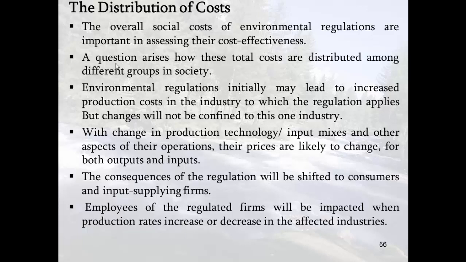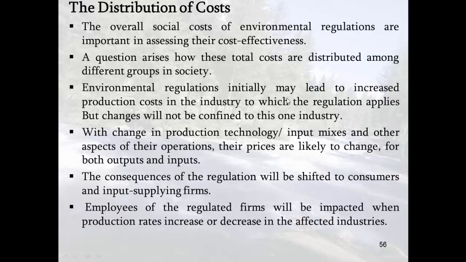The government is interested in the preservation of the environment, but in order to preserve it, the government will have to introduce some regulation, and this regulation will increase the cost of production. With the increase in the cost of production, this cost will be distributed. This will not be borne by the producer or the industrialist only, but will be distributed in different sectors of the economy.